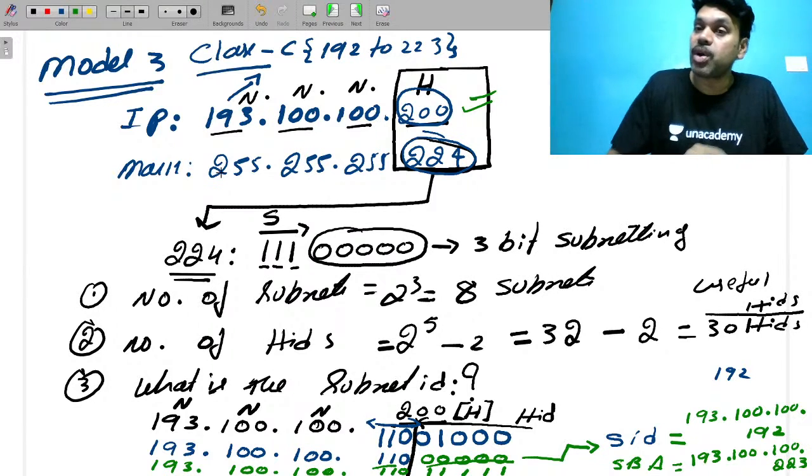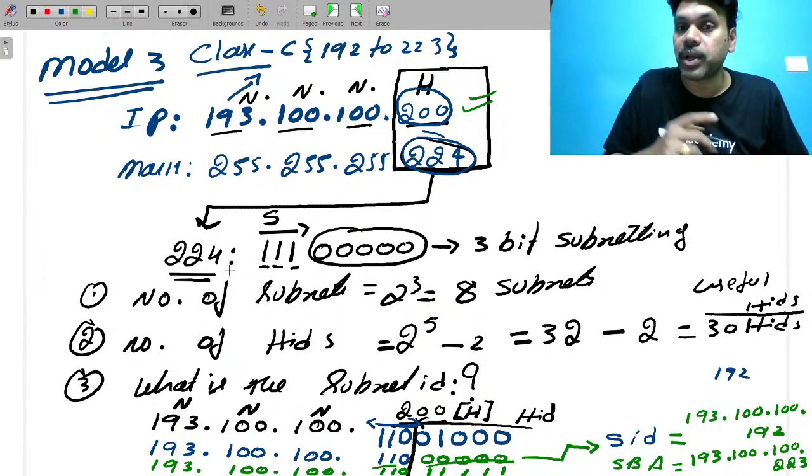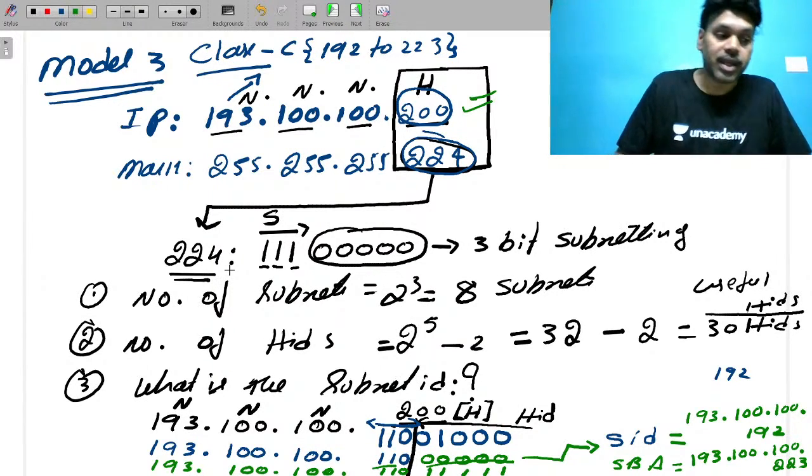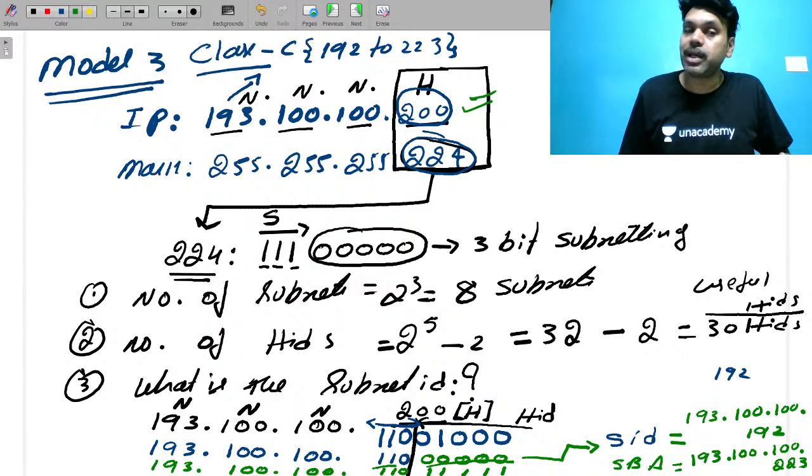So this is model 3, how you can derive subnet IDs and subnet broadcast addresses. Instead of doing the AND operation, you can also do it like this. Let me give you one example so that it will be a repetition for you.